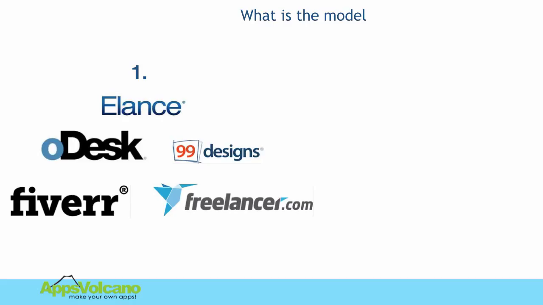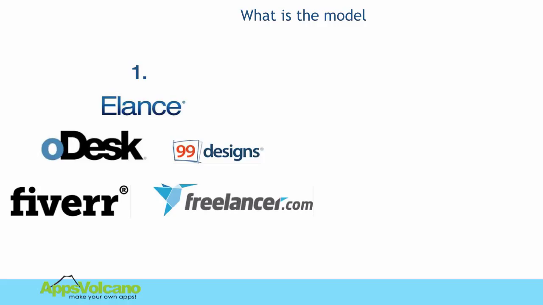99 Designs works like this. You post a project and specify the amount. Interested designers bid on it and actually send you an already made project. If it's graphic design, you would receive it, choose the one you like and release the money.